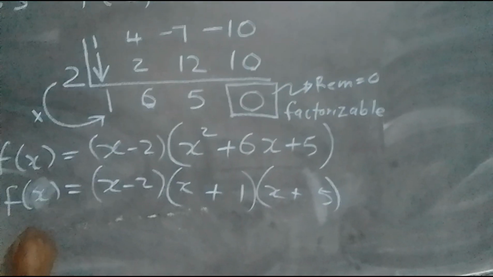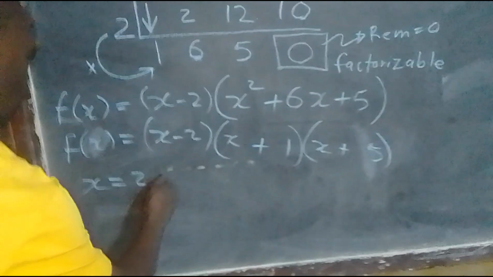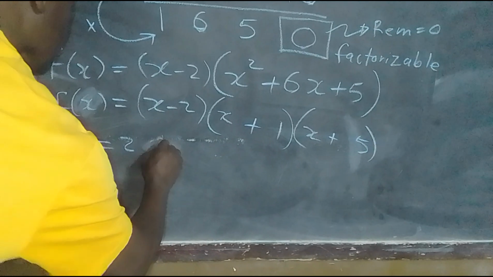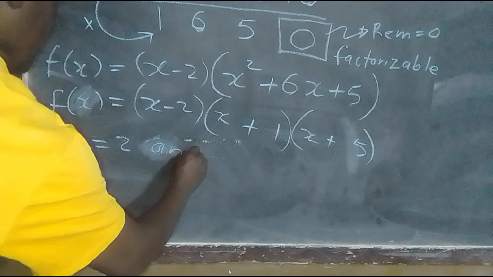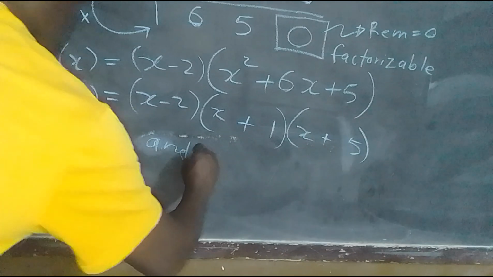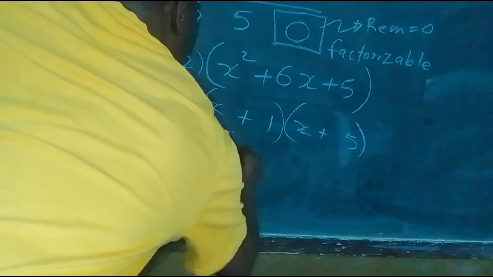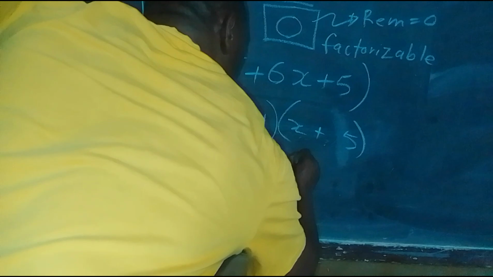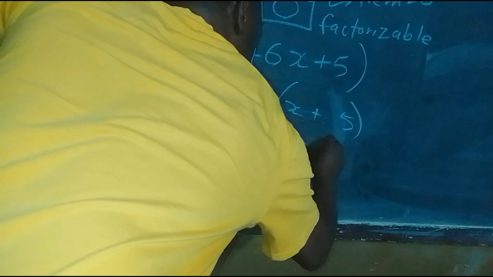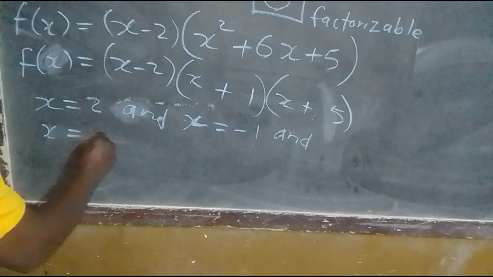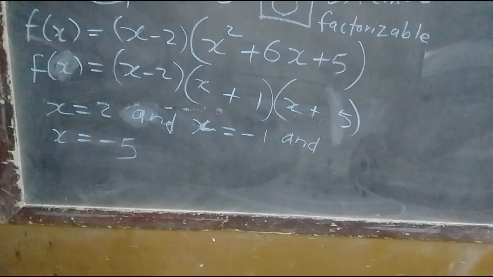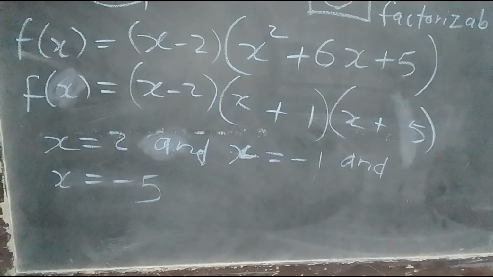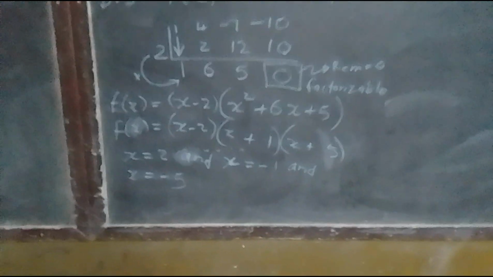So we have x equals 2, and x equals minus 1, and x equals minus 5. Now these are our zeros, our intercepts.